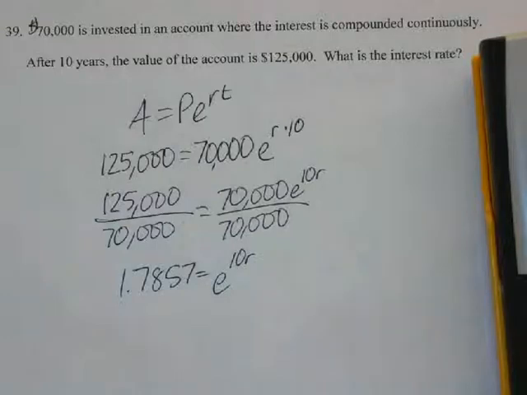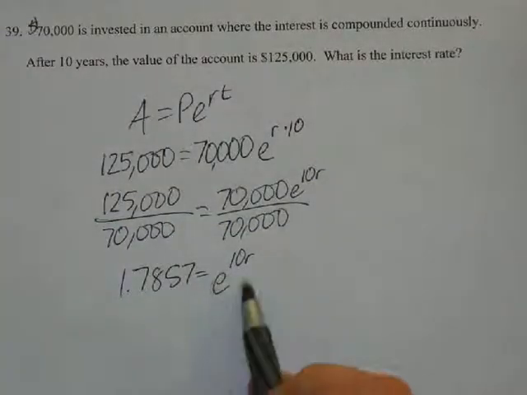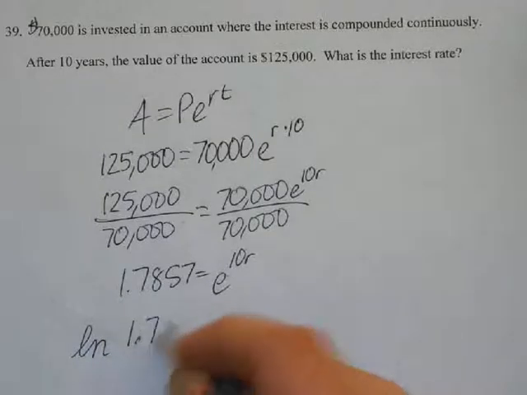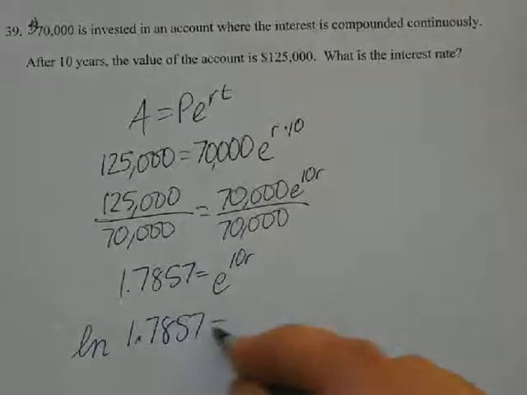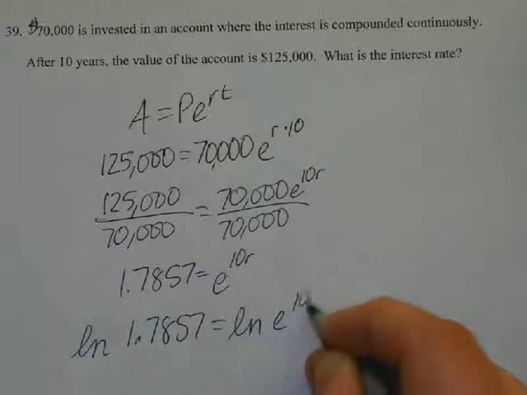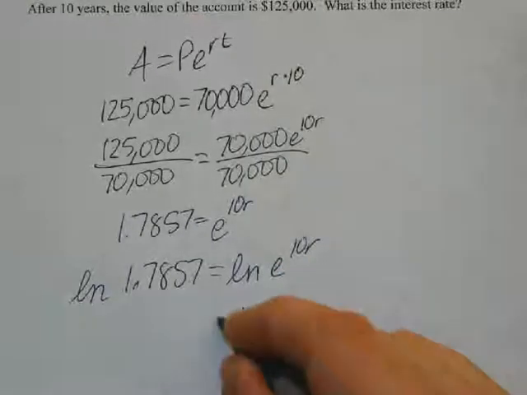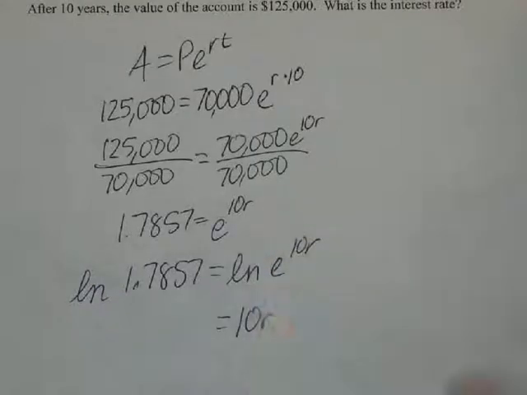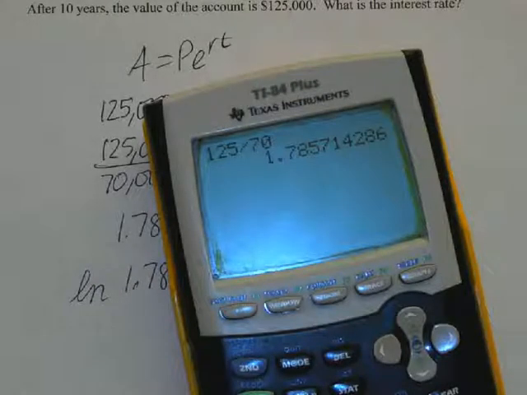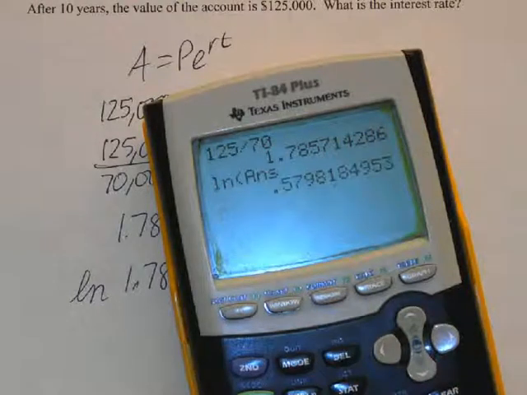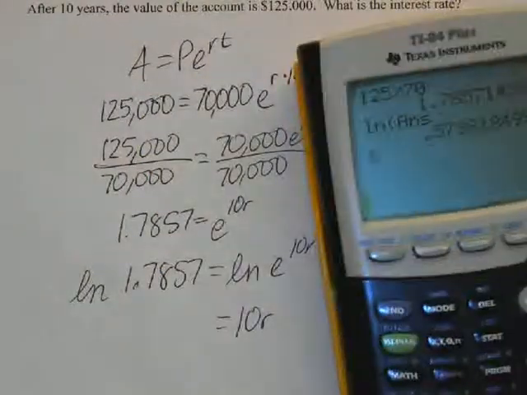So now, to undo an exponential with base e, we'll take the natural log of both sides. So the right side just becomes 10r. And the left side, about 0.5798.